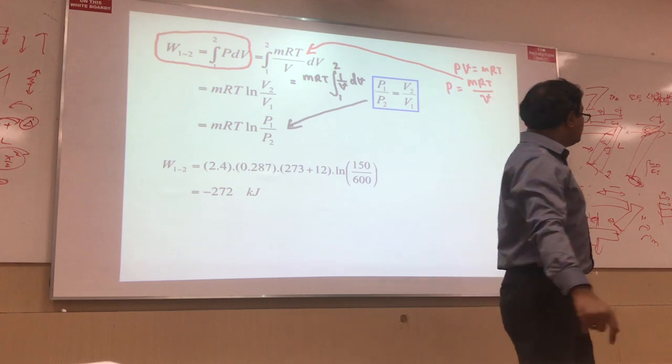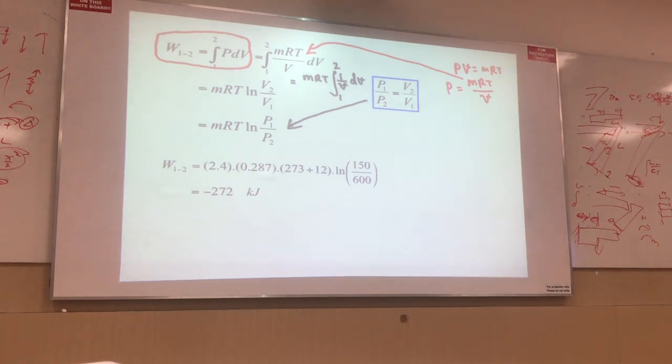Okay. Secondly, I give you an extra question. How much heat is lost? Tell me. Q becomes the total mass times U2 minus U1, correct? Plus the boundary work. Q net means Q out. There is no Q in. So this is Q out.